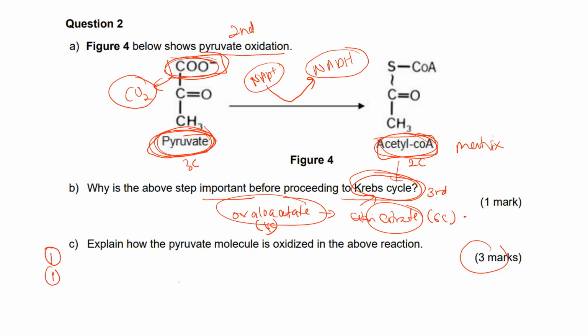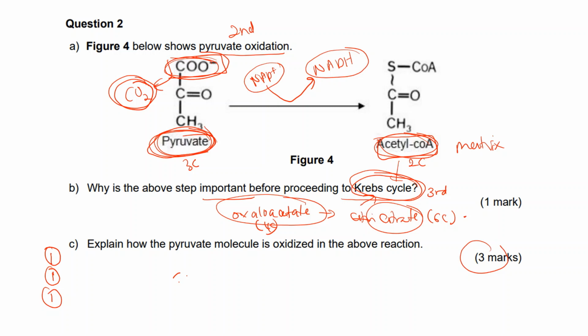For the second point, you mention that carbon dioxide is released. For the third point, the remaining two-carbon molecule is now oxidized, and it will form acetate. Acetate is formed because the molecule now is oxidized.